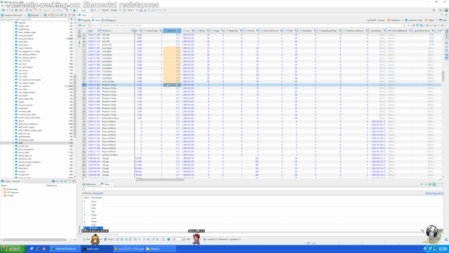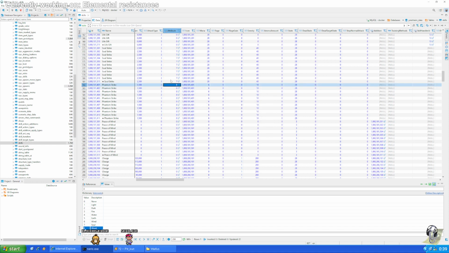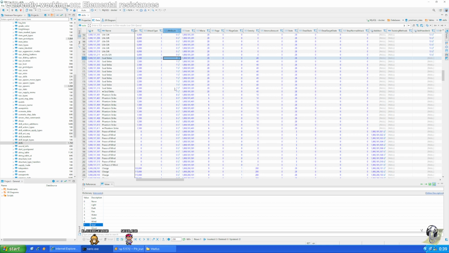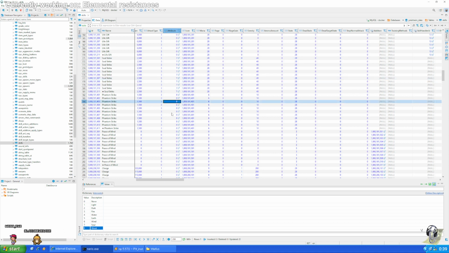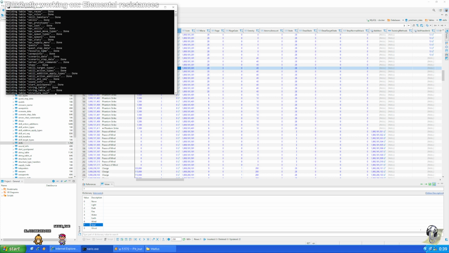And strike is cost. Okay. And now we can export it to the CSV files.